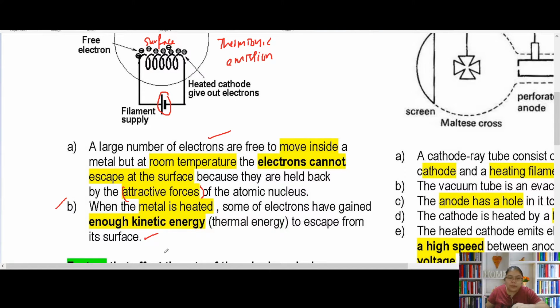So the conclusion is, if I never heat it, it's just at room temperature, and the electrons cannot come out from the metal. If I heat it, the electrons gain kinetic energy and will come out to the surface only. This process we call thermionic emission.